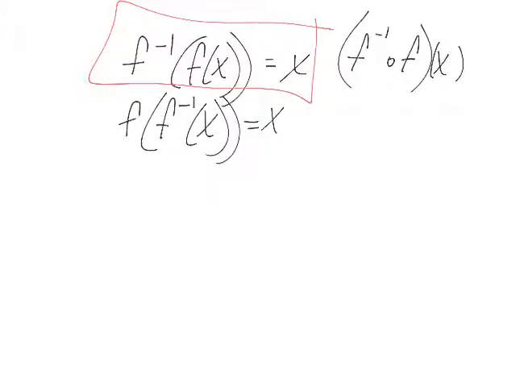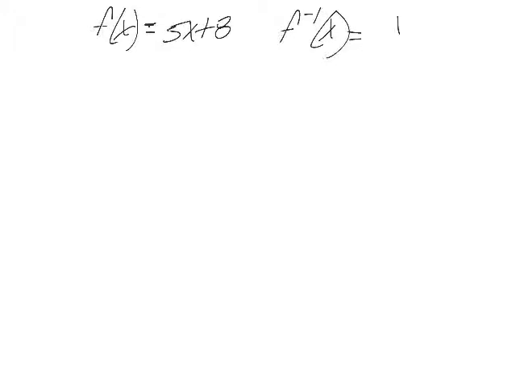So for example, the one they give us for example 9, they give us f of x, and they say that that equals 5x plus 8. Okay? And they want us to use the compositions of functions to show that f of negative 1 of x equals x minus 8 over 5.